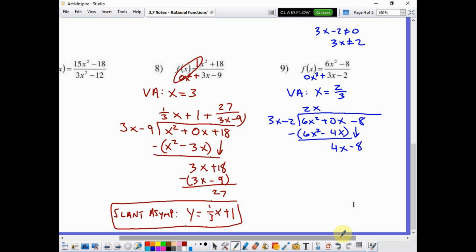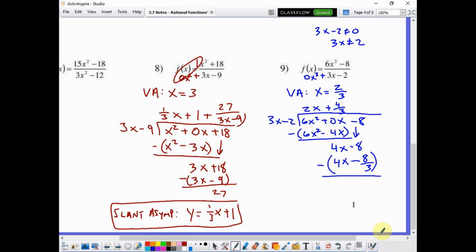4x divided by 3x is 4/3. So plus 4/3. When I distribute that, 4/3 times 3x gives me 4x. And 4/3 times negative 2, 4 times 2 is 8, it's going to be negative 8/3. 4x minus 4x is 0.